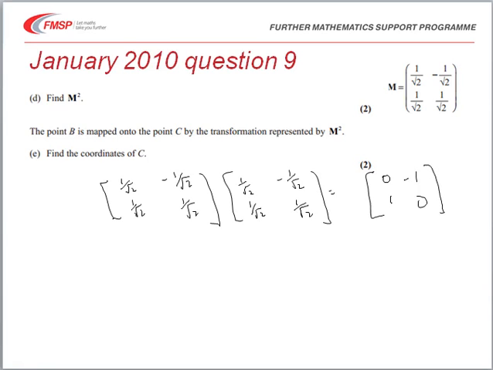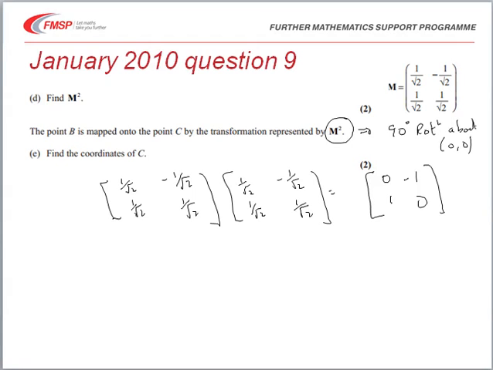There is an alternative to that, which is to say, well, I know that the matrix M represents a 45-degree rotation about the origin, and so M squared will be a 90-degree rotation about the origin, and therefore M squared is equal to the matrix given there, 0, 1, negative 1, 0.